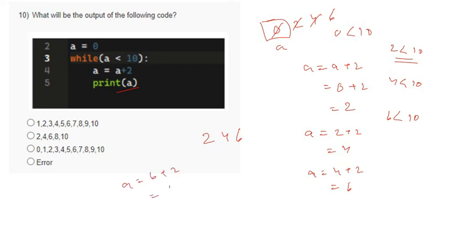Print A, 8 will be printed, and 8 is less than 10, it is true. So A equals 8 plus 2, that is 10. So 10 will be printed. So option B is the correct answer. Thank you.